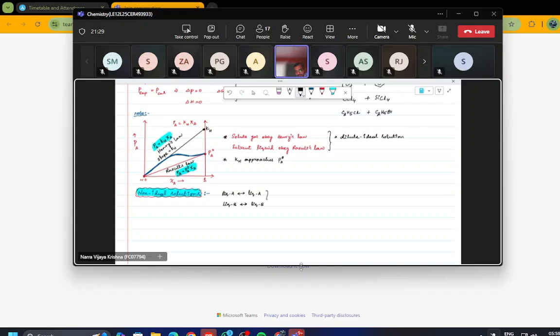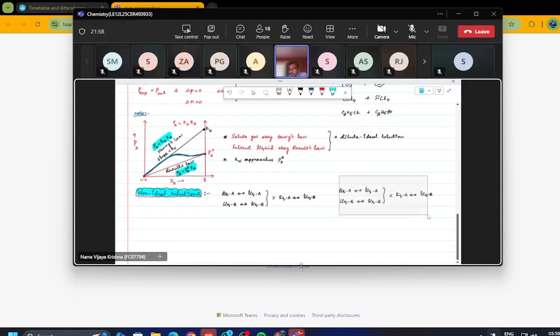these interactions either may be greater than the liquid A, liquid B interactions, or maybe less than the liquid A, liquid B interactions.